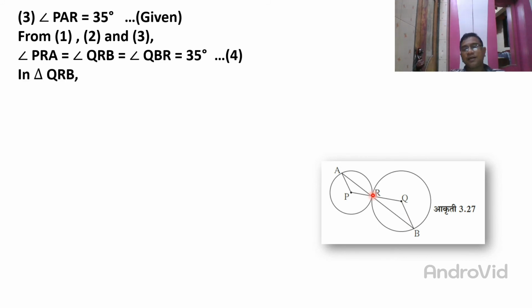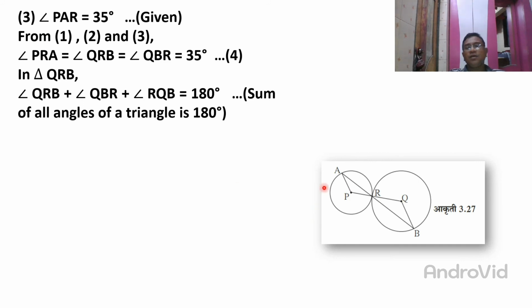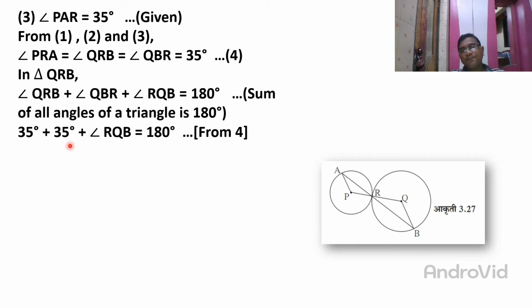In triangle QRB, angle QRB plus angle QBR plus angle RQB is equal to 180 degrees, the sum of angles of a triangle. So 35 degrees plus 35 degrees plus angle RQB is equal to 180 degrees. 35 plus 35 is 70 degrees. So 70 degrees plus angle RQB is equal to 180.